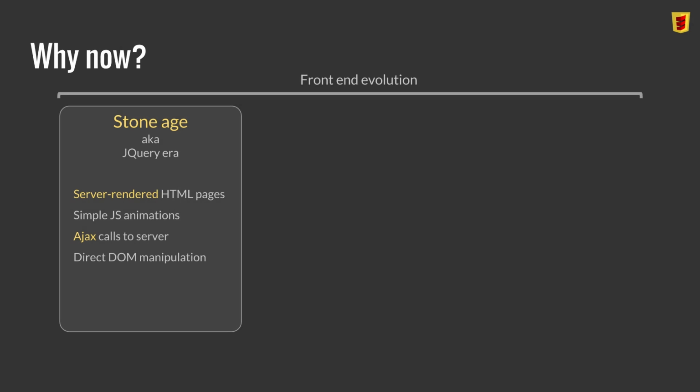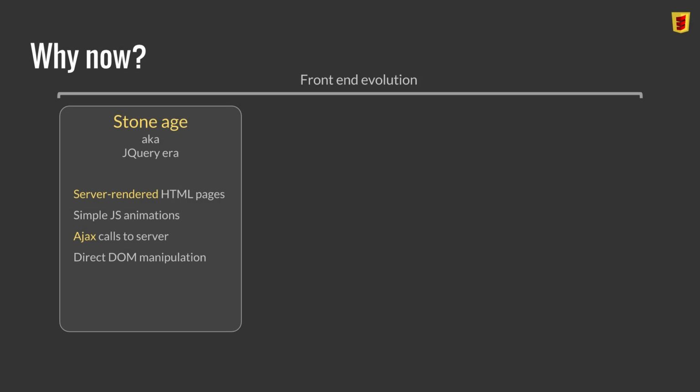A minority happens using advanced frameworks. The majority is still where the server does all the HTML rendering and JavaScript is just used for some simple animations, maybe an AJAX call to the server to get live updates, and then direct DOM manipulation with jQuery syntax to update whatever you need.